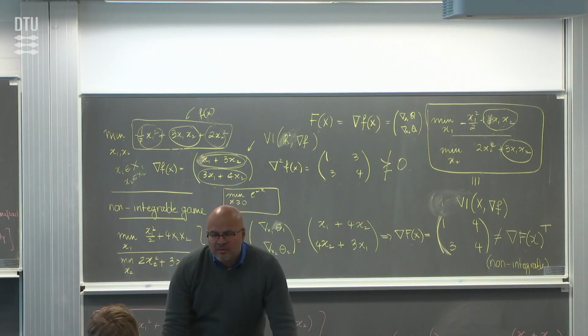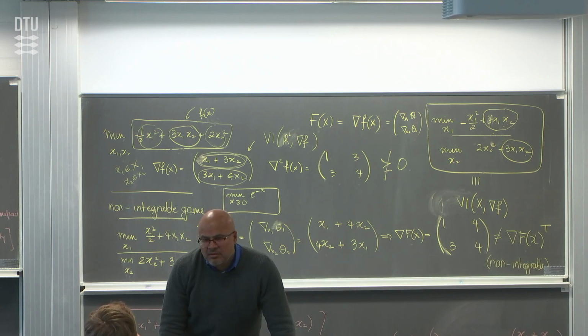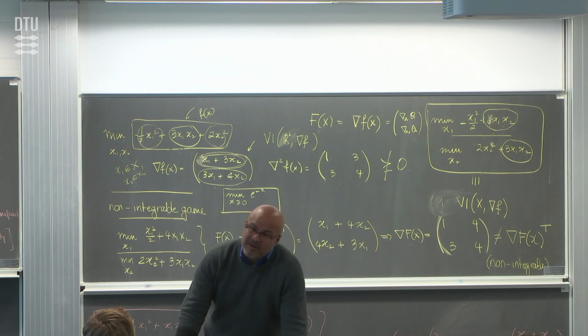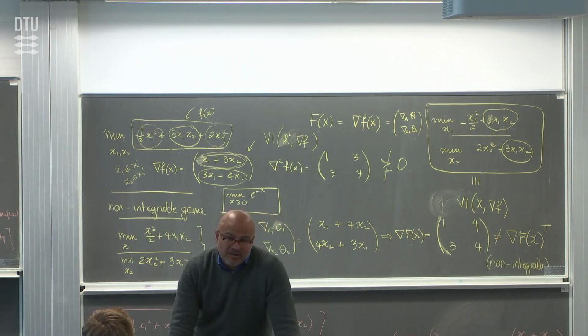Yeah, I mean, the function little f, is it always bounded from below? No, not necessarily. You could write it, but it just means you might get stationary points which are, in some sense, unbounded.